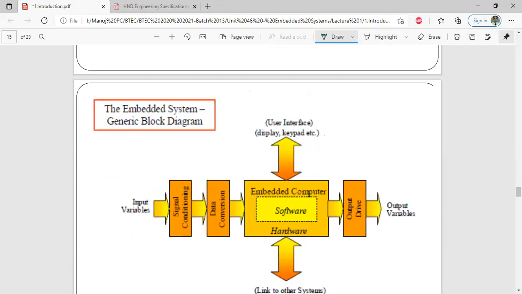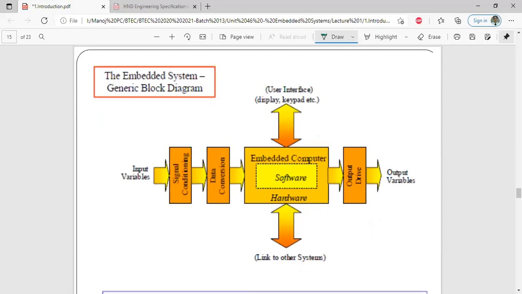So if we go into a somewhat deeper level of understanding of embedded systems, this is our embedded system, what we call the microcontroller unit, right?